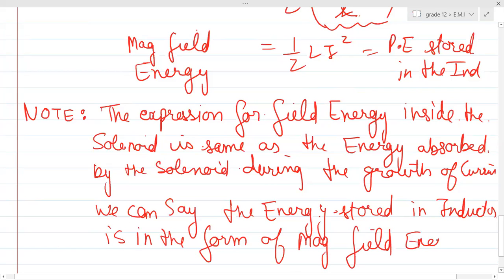Just like for a capacitor, we can say that the energy absorbed by the capacitor is in the form of electric field energy. Similarly, for an inductor, the energy stored is in the form of magnetic field energy. Please remember the way a capacitor behaves in electric systems, the same way an inductor behaves in magnetic systems.